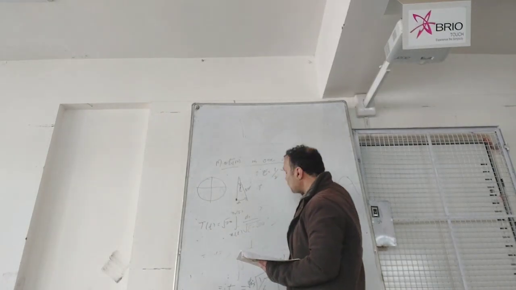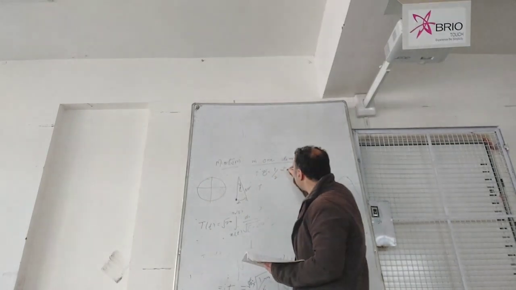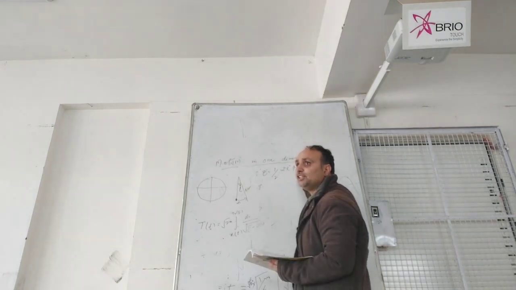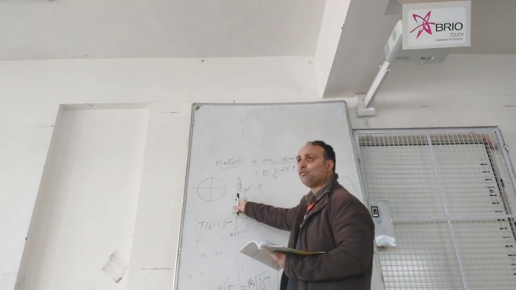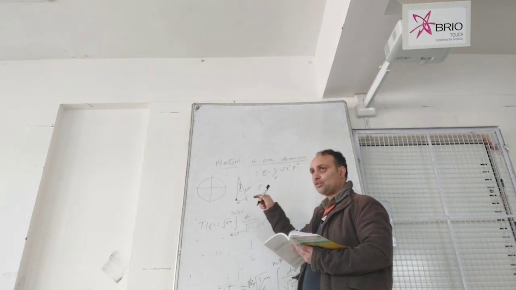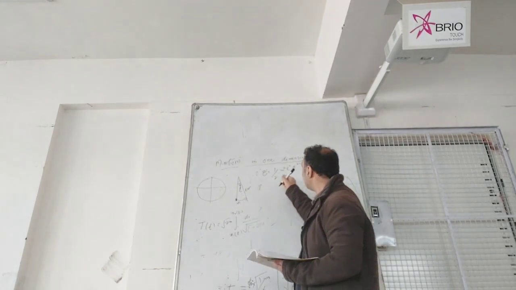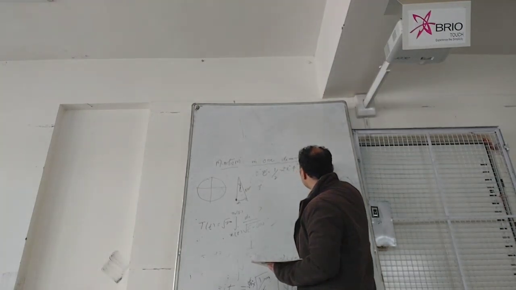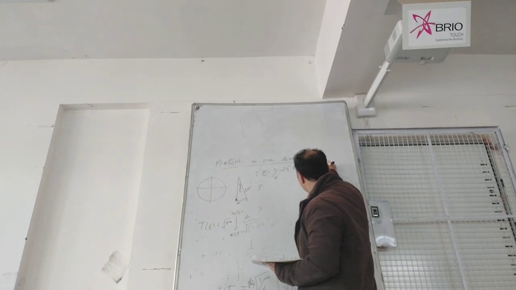So the total energy will be 1/2 m L square phi dot square, right? The change in angle is happening; instead of x it is L phi, so L phi dot will come, minus mgl cos phi.